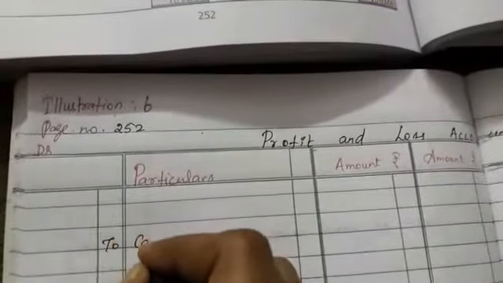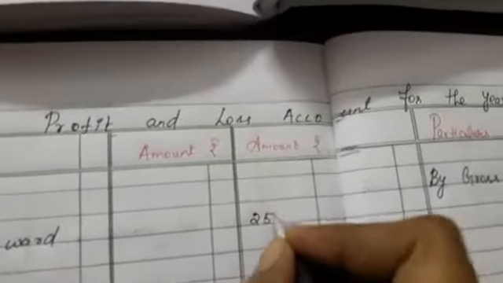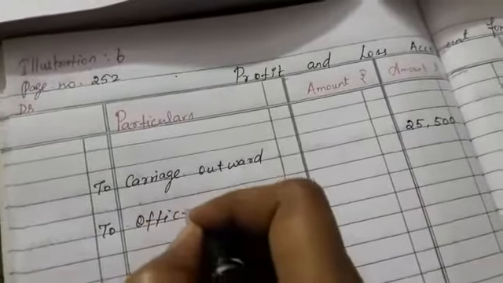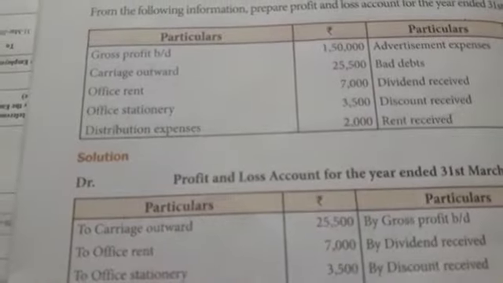To carriage outward, how much? 25,500. Okay, children. Next one, office rent. This also you have to write on the debit side of the P&L account. Office rent, how much? 7,000. Next one, office stationery.